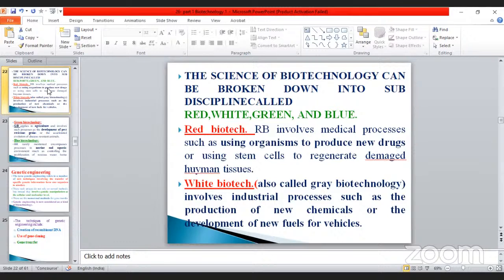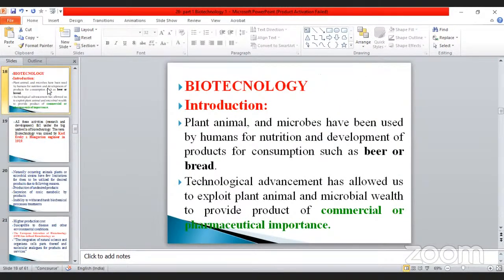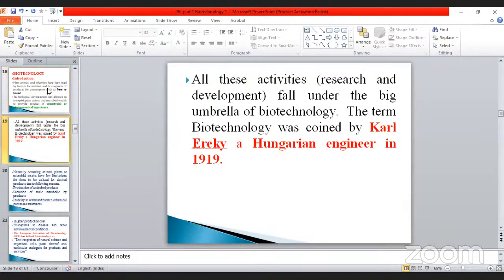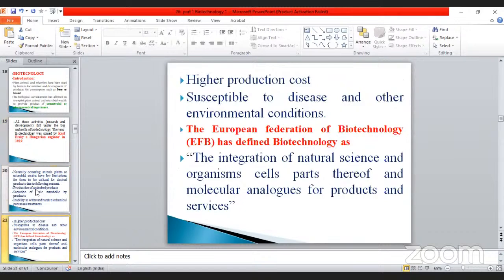Today we are going to discuss biotechnology, the continuity. Last class, we discussed what is meant by biotechnology, and who gave it this name. The scientist was Karl Ereky, a Hungarian engineer. In 1919, the term biotechnology was given by Ereky.